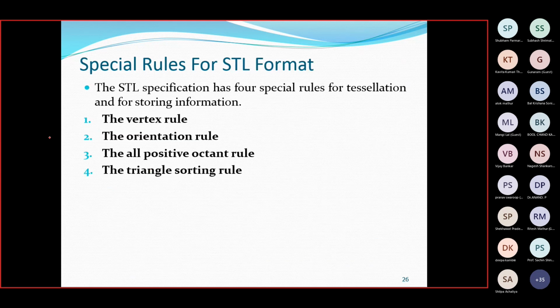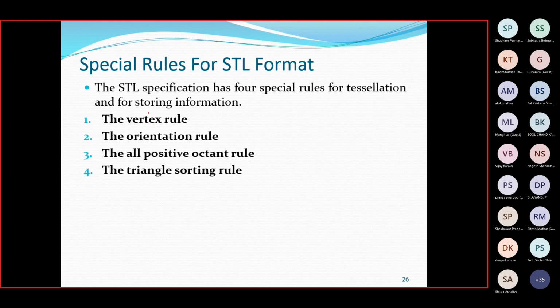And there are four rules of the STL format: the vertex rule, the orientation rule, the all-positive octant rule, and the triangle sorting rule. So let's see that part also. You must follow these four rules to make your STL file printable.